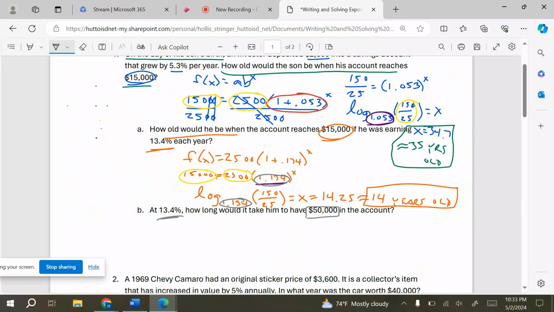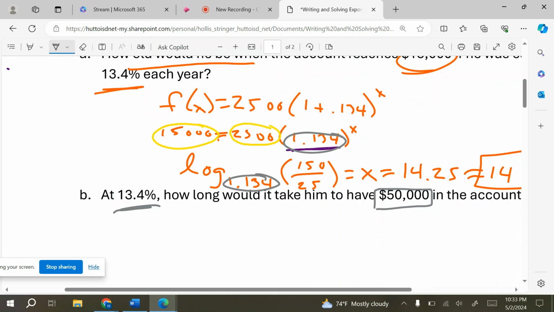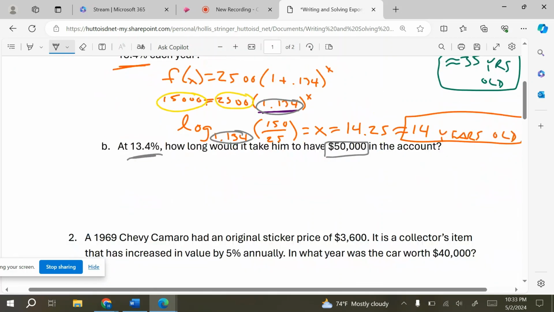So my function, as I write it, should be f of x equals, we're still starting with $2,500. We're still increasing by 13.4%, so 1.134 raised to some x value.